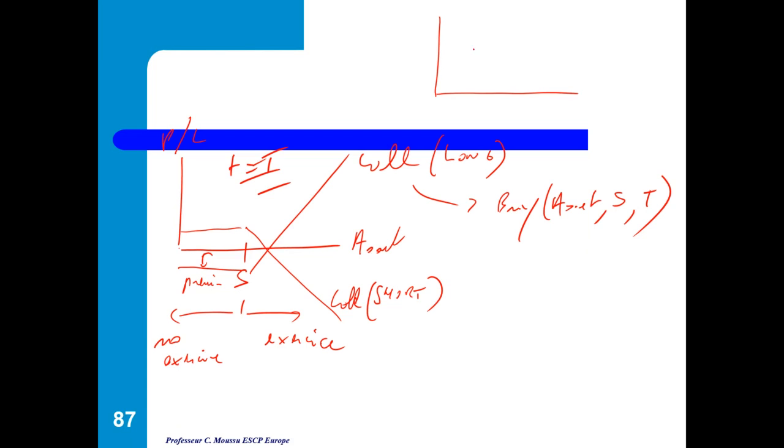Second is the put. Here you have the profit and loss, here you have the underlying asset, and here you have the strike, and this is a put. The put is a right to sell. So this means that I am long a put. I buy a put. If I own a put, I have this. I pay a premium, and I want to be covered when things are bad.